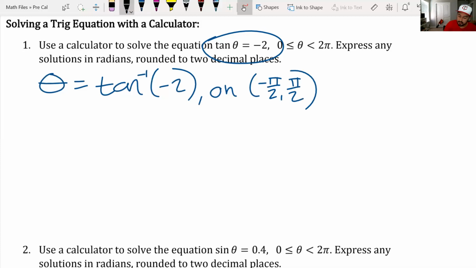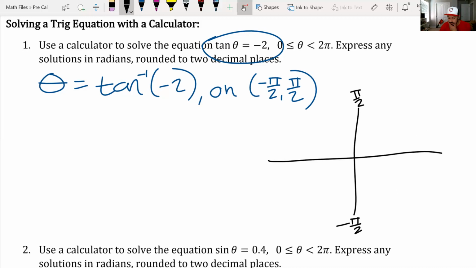So if I draw the unit circle for that, here's -π/2, and here's π/2. There's 0.